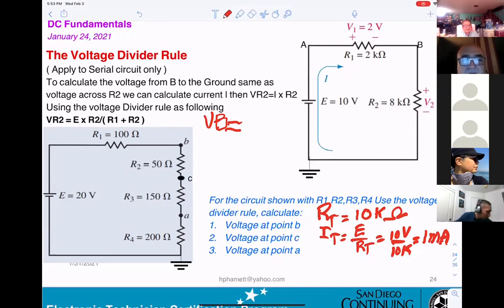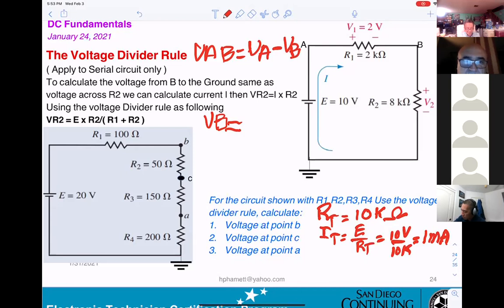Now, VB, you can see if you get the VAB, I don't care what happened. I know VA minus VB, right? 2 volts. Okay.